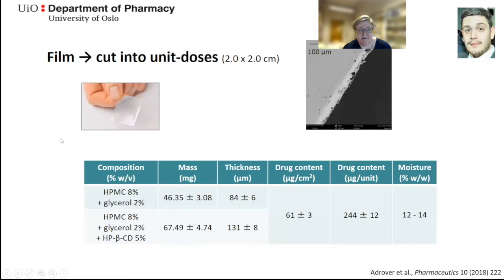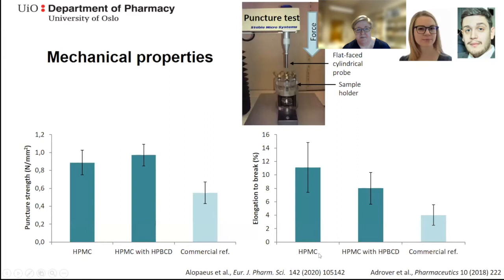Then films were cast and cut into single dose units, and we could see that thickness and mass are correlated, not surprisingly. Also, when we included beta-cyclodextrin as a taste masking component, and kept the wet film thickness the same, the film thickness and the mass would increase, and this was also not surprising.